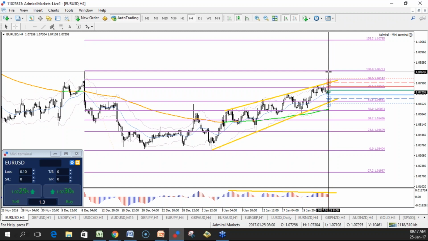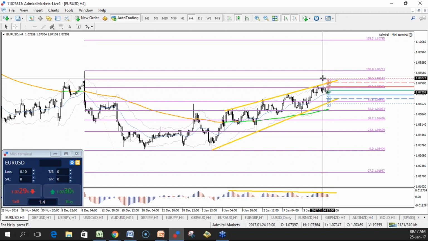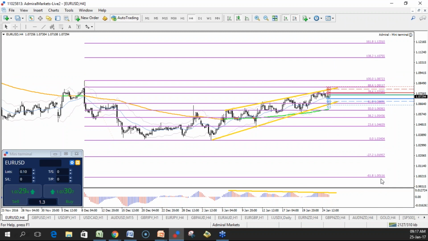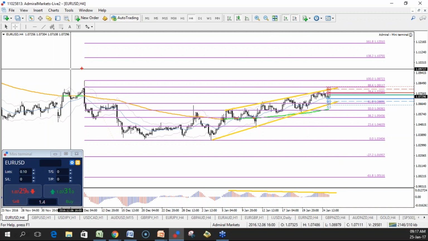It could typically be a lot more because this is a swing trade. The target is the minus 61.8 target, all the way at parity, just above parity, right? So can that trade work out? No idea. But if it does, the reward to risk for a trade like that is approximately 6 to 1. 6 units of reward if we, of course, don't manage the trade, versus 1 risk.